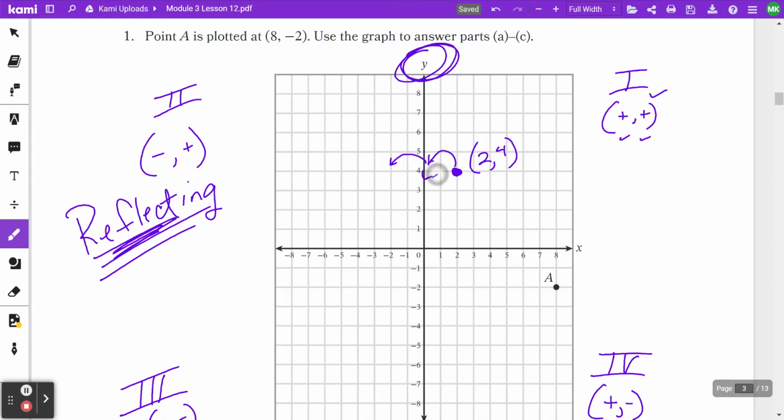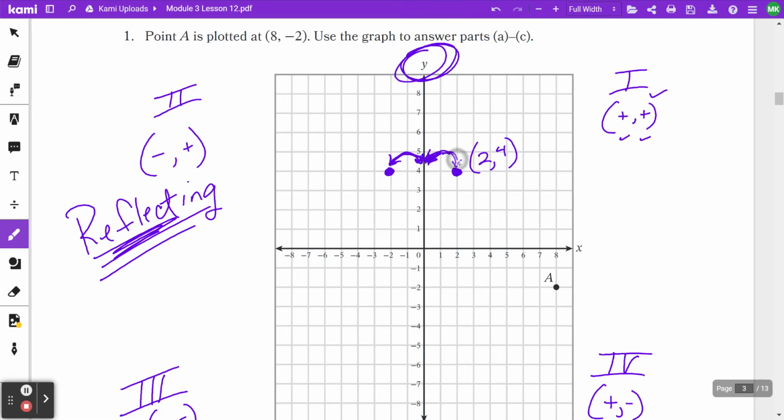In other words, if this is 2 units away on the right side, then I want that same point 2 units away on the left side. Now those are the worst brackets ever, but I think you get the idea that I want the same distance from that axis.